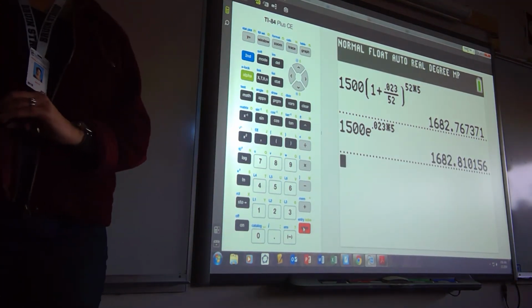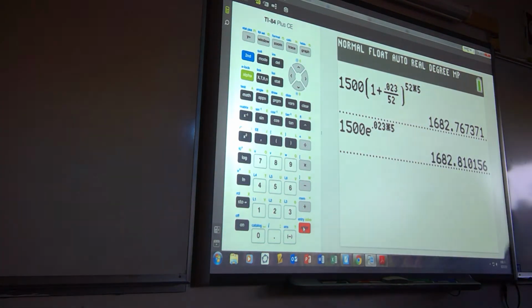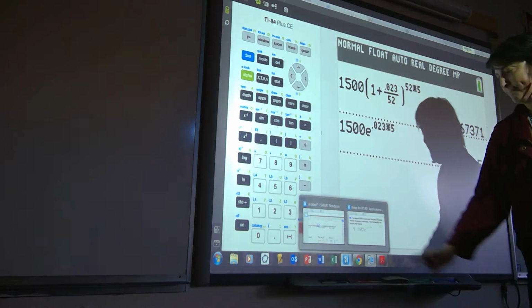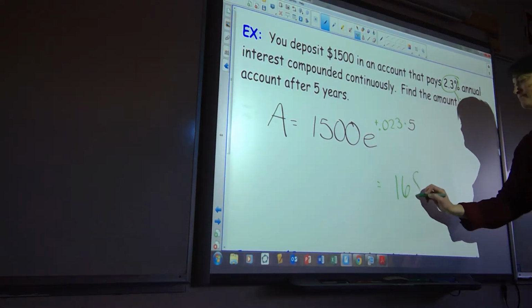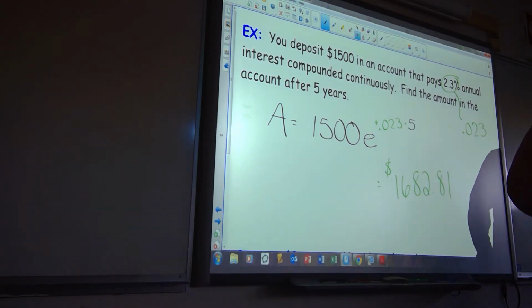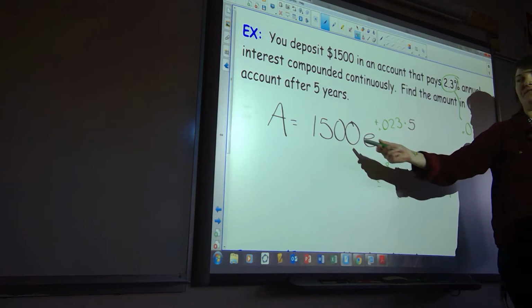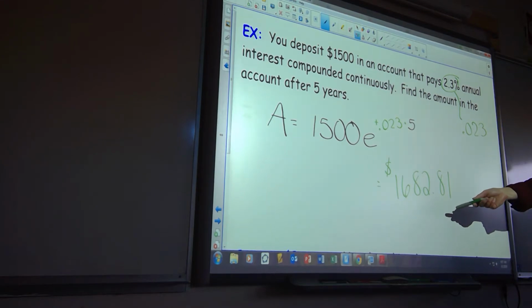Not a lot more, but it is more. So 1682.81. It doesn't seem to make a humongous difference if it's $1,500, but what if it's $15 million? Then those cents become thousands of dollars, and that's a big difference.